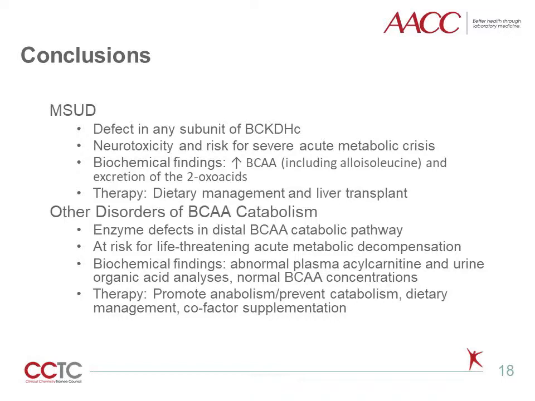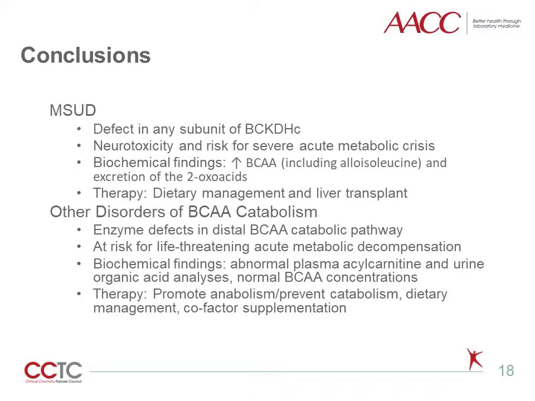Defects in the second enzyme of this pathway, branched-chain ketoacid dehydrogenase complex, result in maple syrup urine disease, a disorder characterized by increased excretion of the 2-oxoacids, elevated plasma branched-chain amino acids, and formation of excess alloisoleucine. The primary manifestation of maple syrup urine disease is neurotoxicity, and patients are at risk for acute metabolic crises during times of increased stress, such as fasting, infection, or surgery.